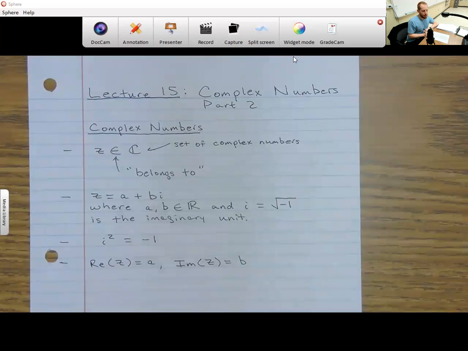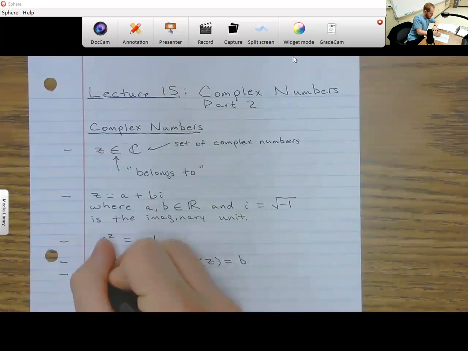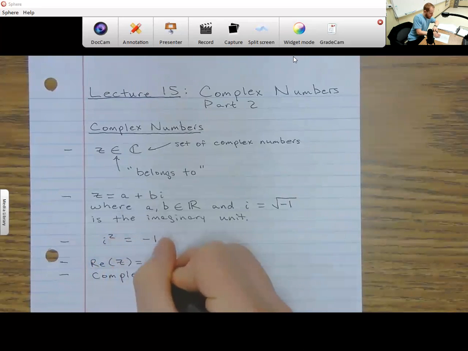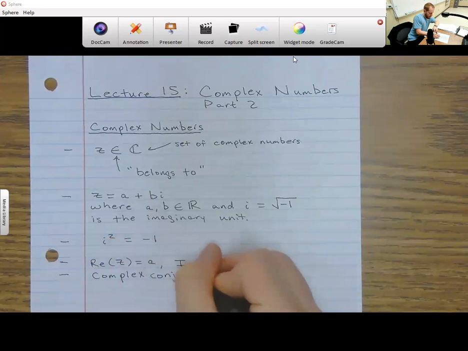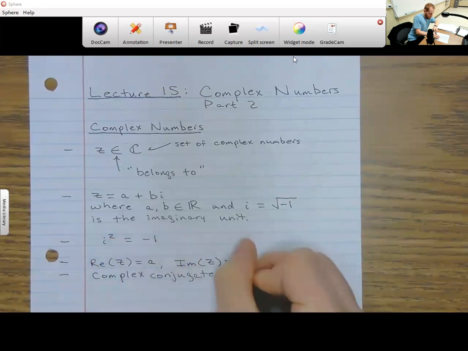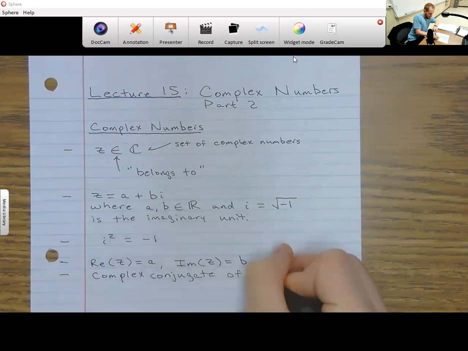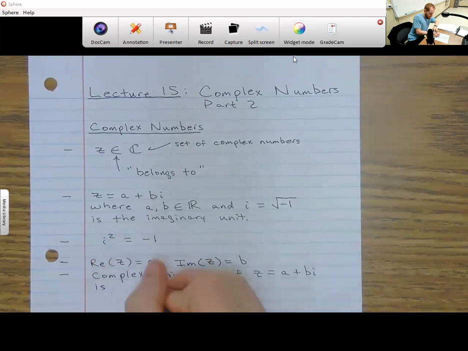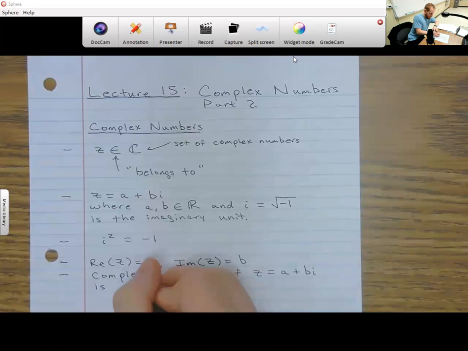And we also learned about complex conjugates. So let's talk about those now. So for every single complex number, we have what's known as a complex conjugate. The complex conjugate of z equals a plus bi is z bar.